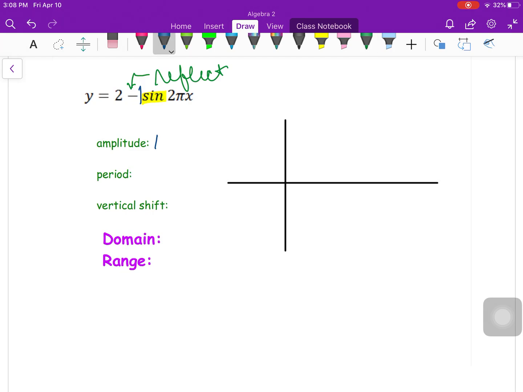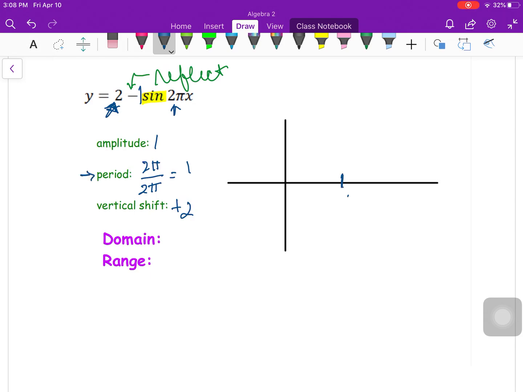My period for sine is normally 2 pi, but my b is 2 pi, so I have to divide out 2 pi. That gives me a period of 1. My vertical shift then is this number, +2, which means I'm going to go up 2.